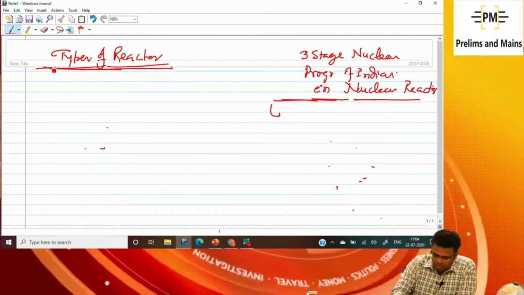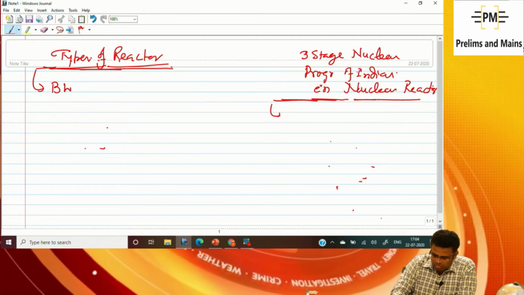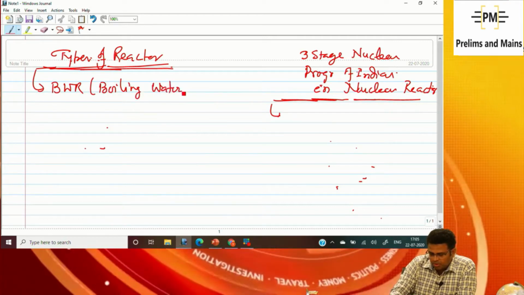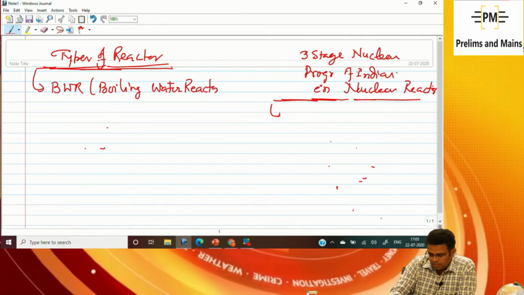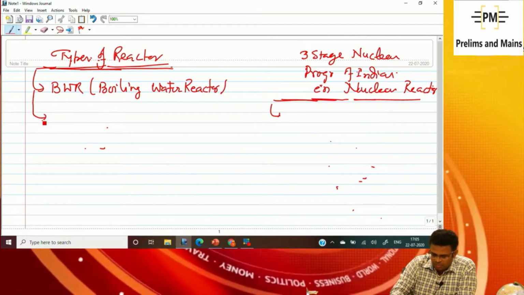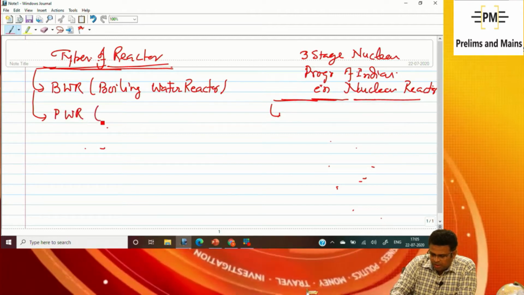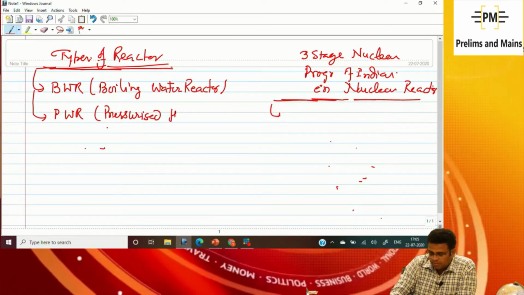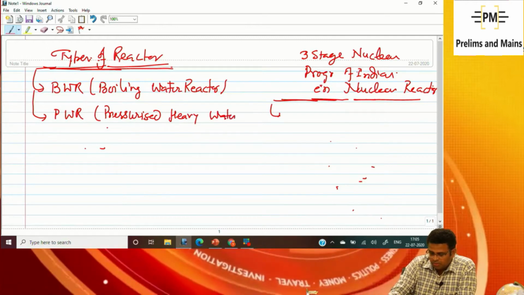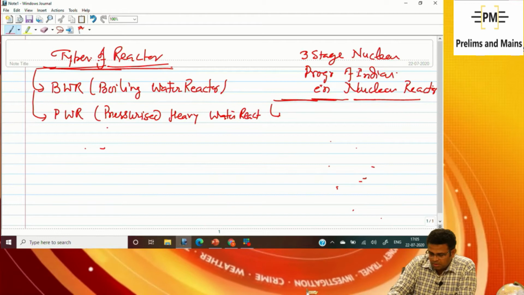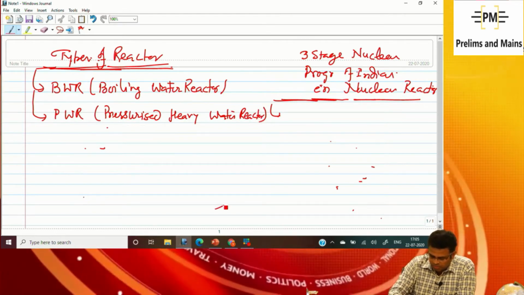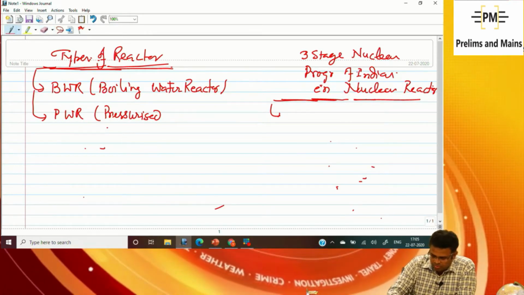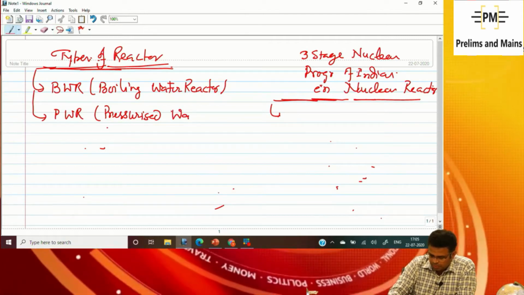So we have to see the important types of reactor. It is BWR, meaning boiling water reactor. Second, PWR, pressurized water reactor.